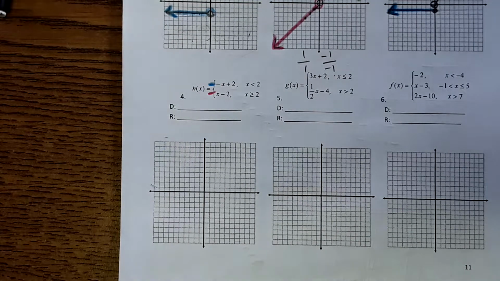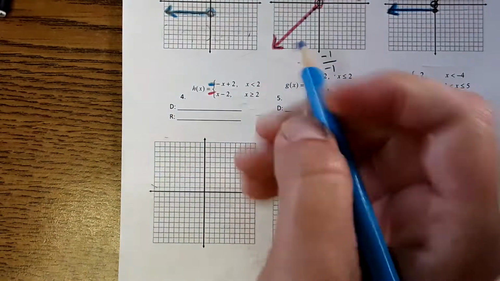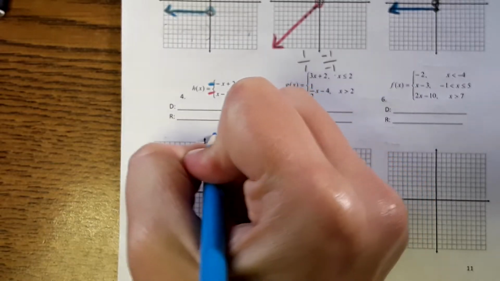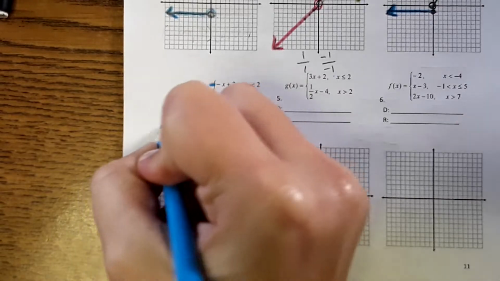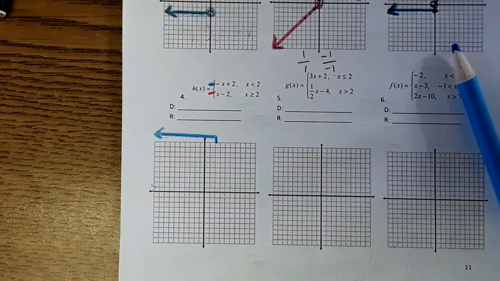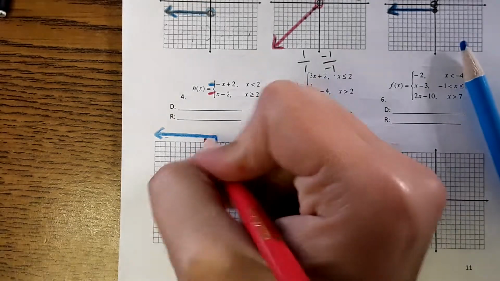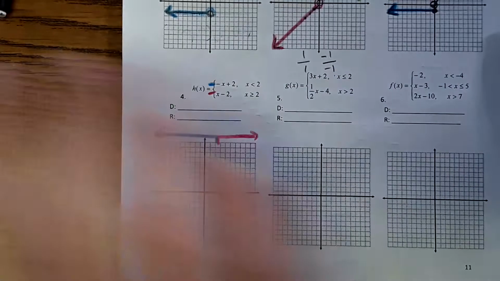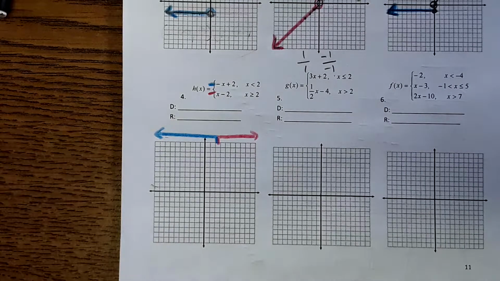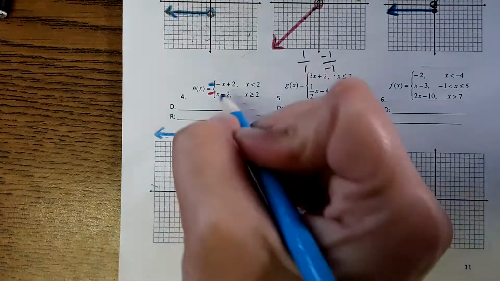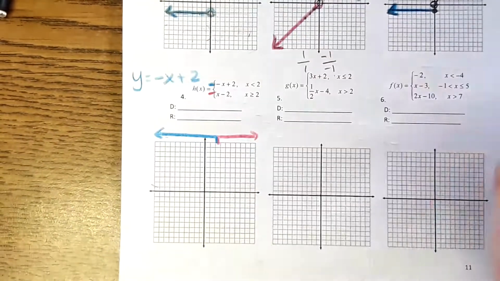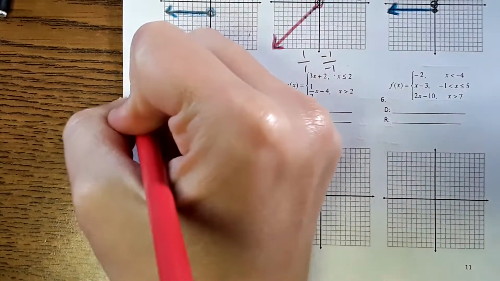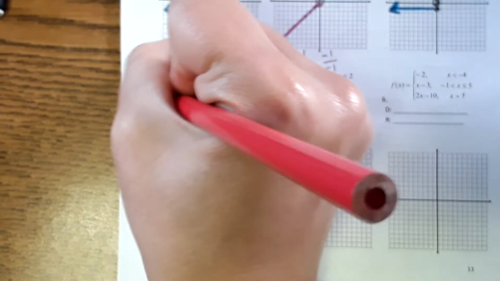Blue is x is less than 2. So all these numbers over here, blue. And then x is greater than or equal to 2. So from 2 over here is red. And then the equations, y equals negative x plus 2. And then y equals positive x minus 2.